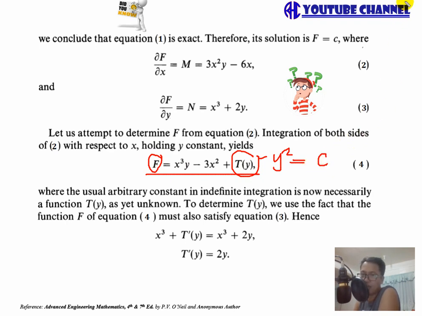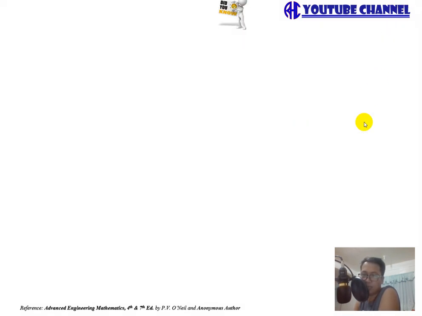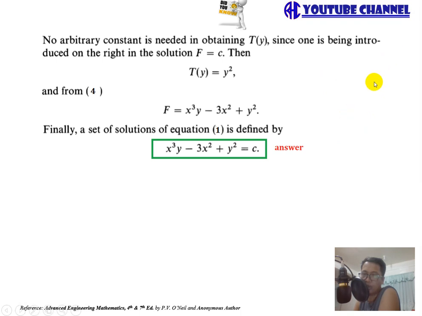Kaya magiging sagot natin is ito. Equation na yan, ito si t of y, then equate natin si f into the constant. Kaya ito yung magiging sagot natin. x cubed y minus 3x squared plus y squared is equals to c. So, yun ang solution ng differential equation.